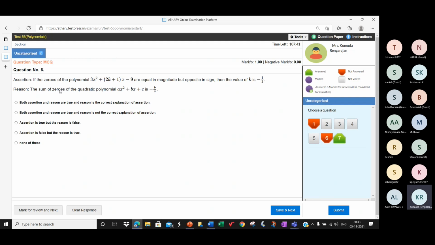And that's what is given here. The sum of the zeros of the quadratic polynomial is minus b by a.